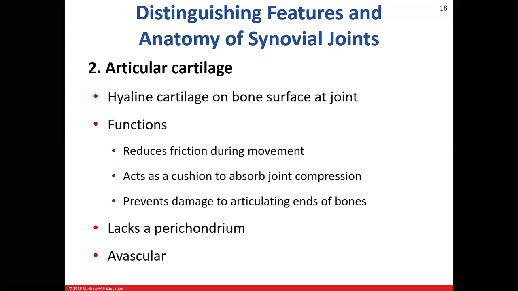And that helps to prevent damage to the articulating ends of the bones. So it's also a protective mechanism so that we're not getting specific bone-to-bone contact, and we also get, again, nice smooth movement. It does lack a perichondrium, and articular cartilage is avascular, meaning we do not have a direct blood supply to it.